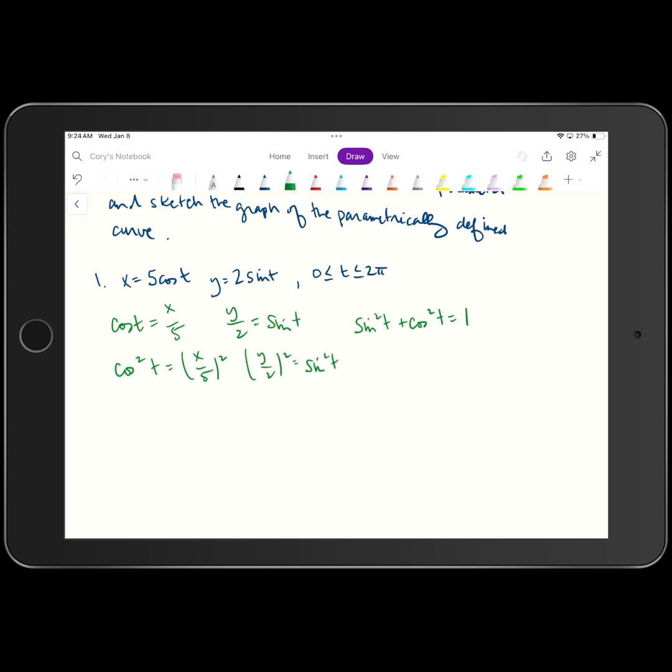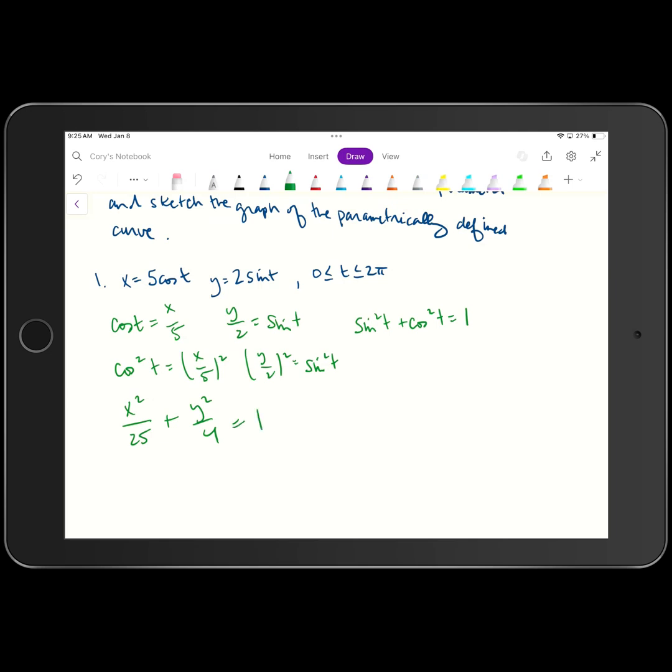So using that Pythagorean identity, sine squared plus cosine squared equals 1, that means that (x over 5) squared, which is x squared over 25, plus (y over 2) squared, which is y squared over 4, is going to be equal to 1.